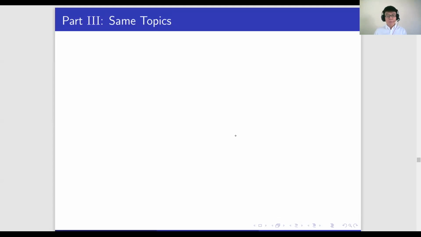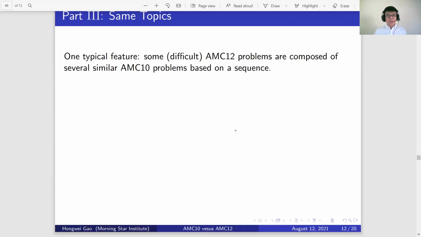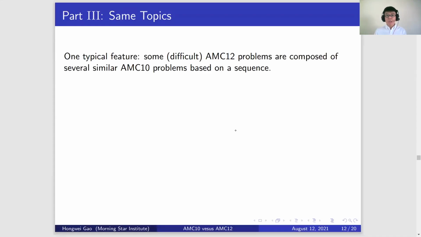For the same topic, AMC12 requires a deeper understanding as expected. Here, I'd like to show one typical feature, that is, some difficult AMC12 problems can be decomposed into a couple of similar AMC10 problems based on a certain sequence. Here is a picture to show such structure.